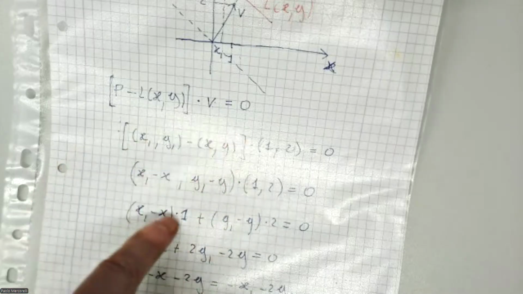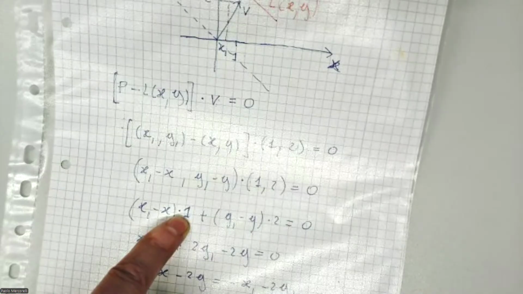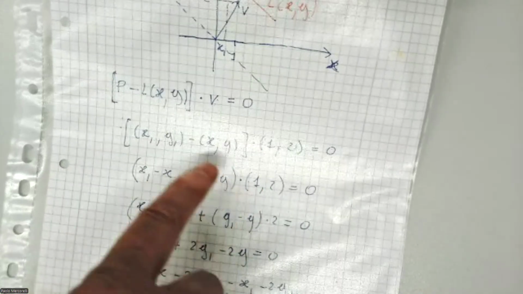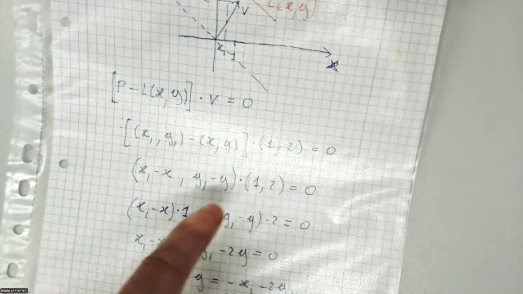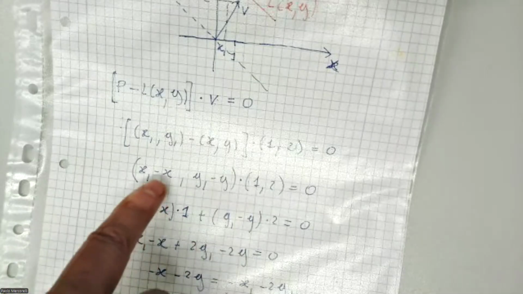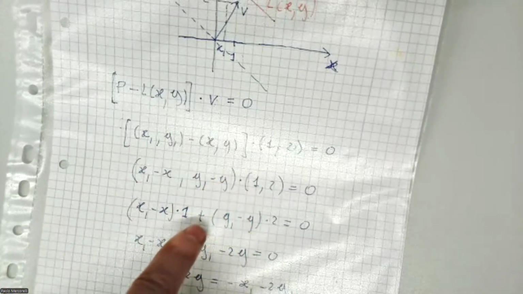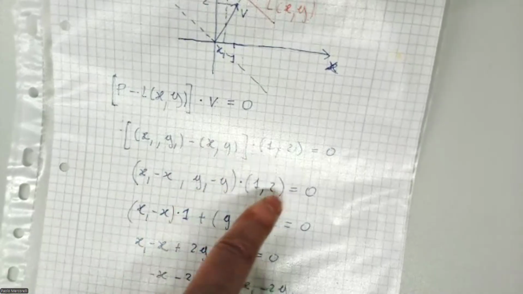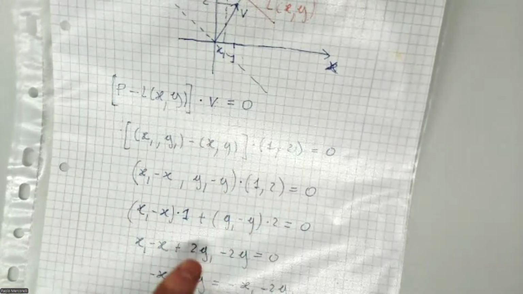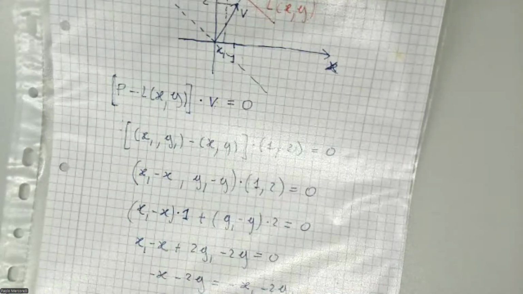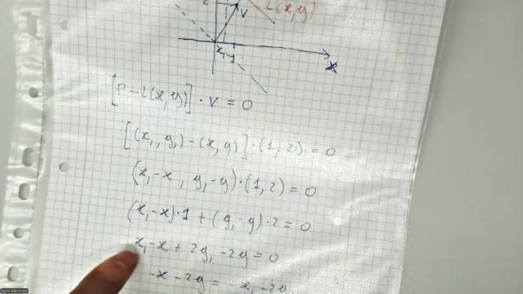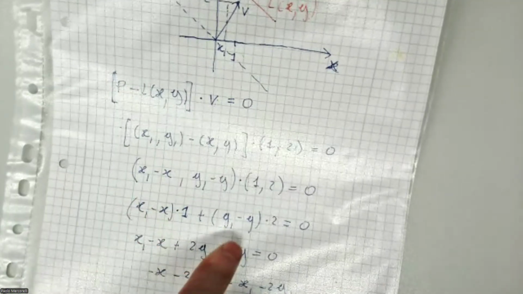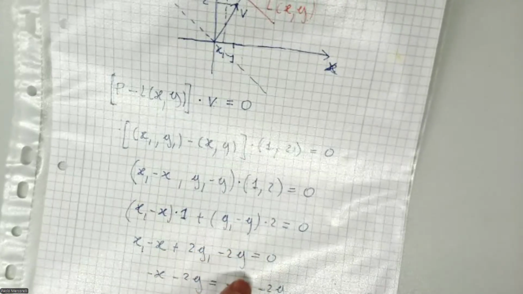The difference is here for each component. Then I do the product: this multiplied by this plus this multiplied by this, according to the definition. Then it's just algebraic. 1 multiplied by x1 minus x, plus 2 times y1 minus 2 times y.